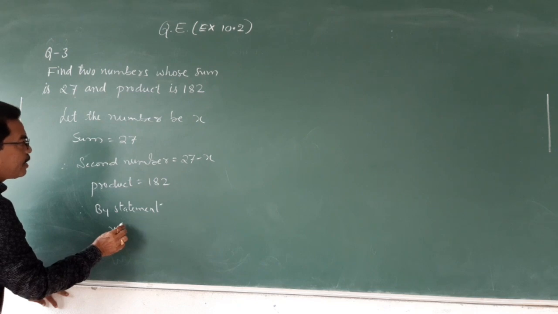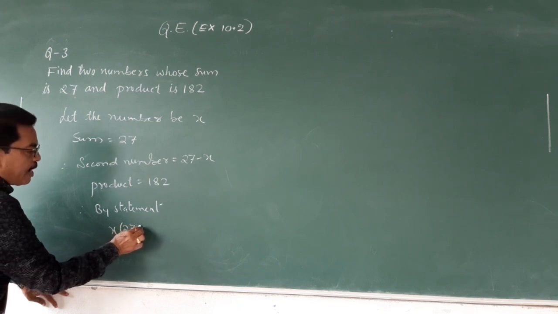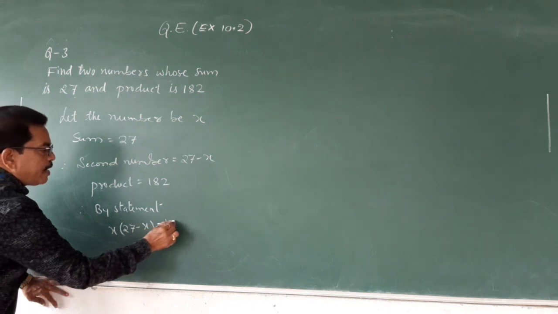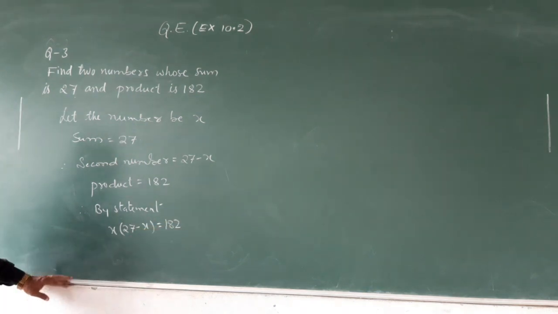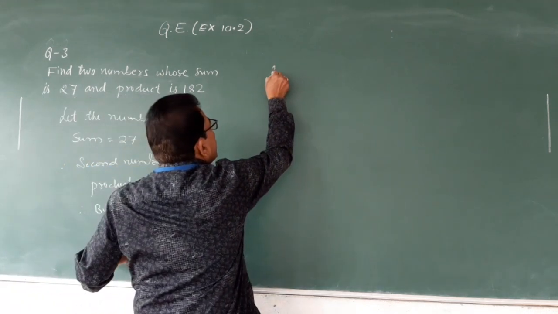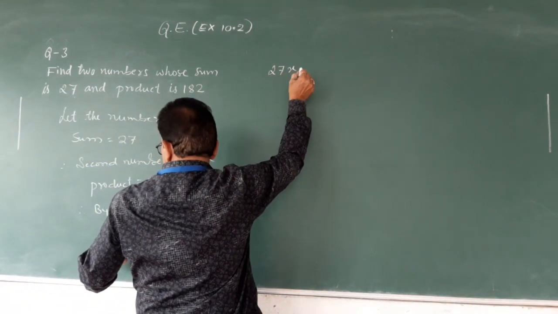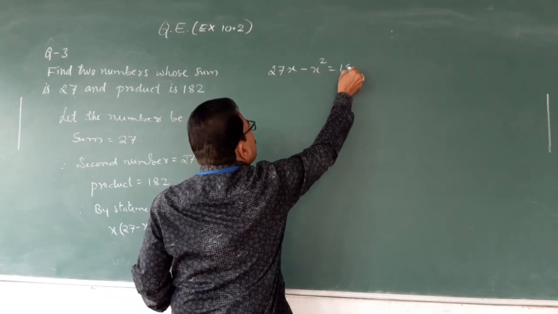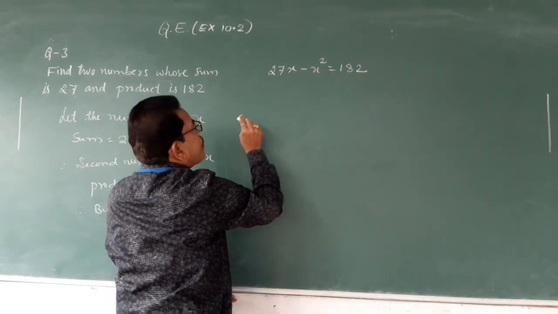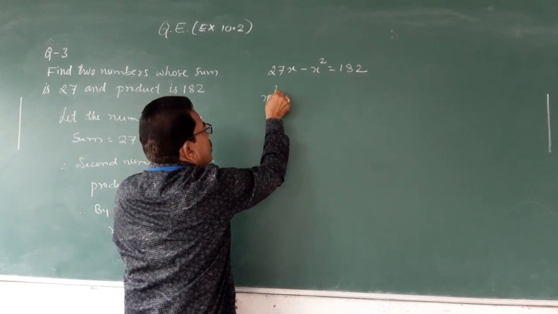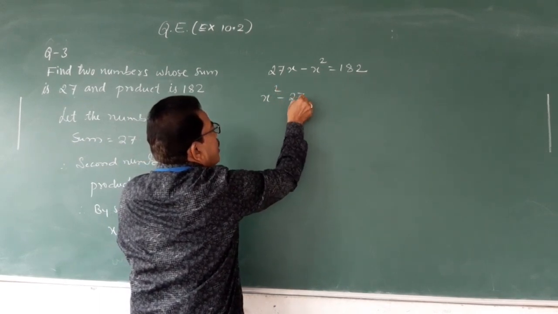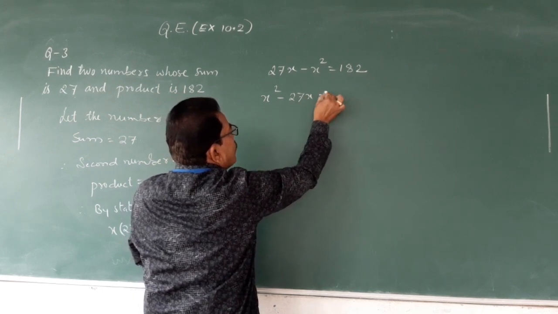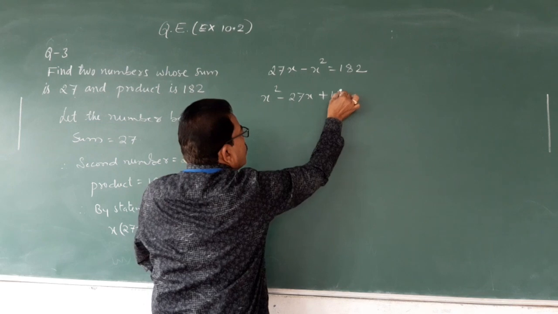x in the bracket 27 minus x equals 182. That is 27x minus x square equals 182. Now x square minus 27x equals plus 182.